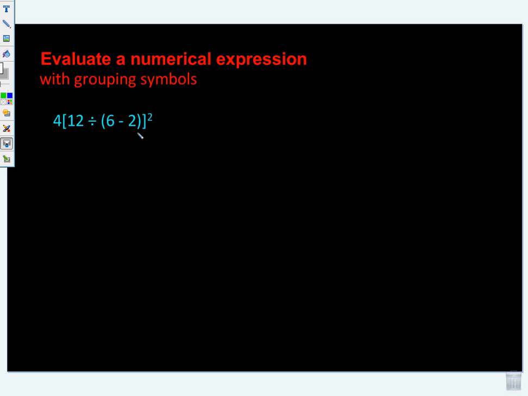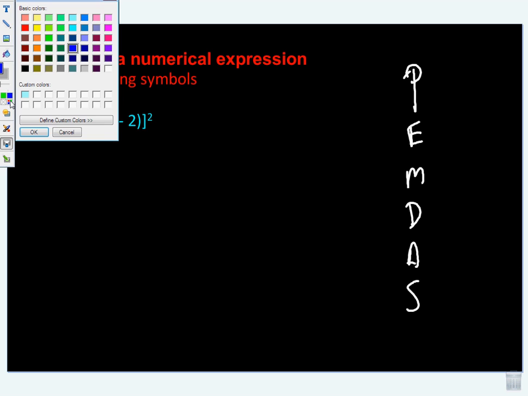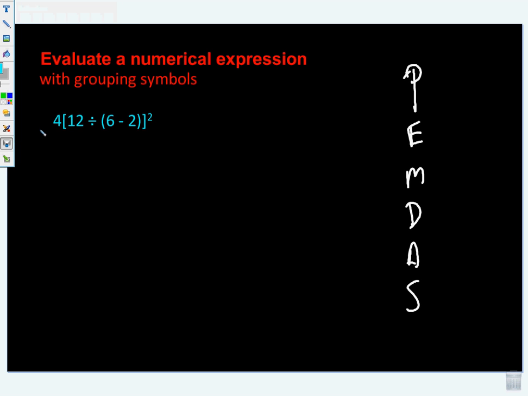This bracket here. So when you are evaluating and you have multiple sets of parentheses, always go ahead and evaluate the innermost set of parentheses first. So I'm going to go all the way inside here and see I have 6 minus 2.